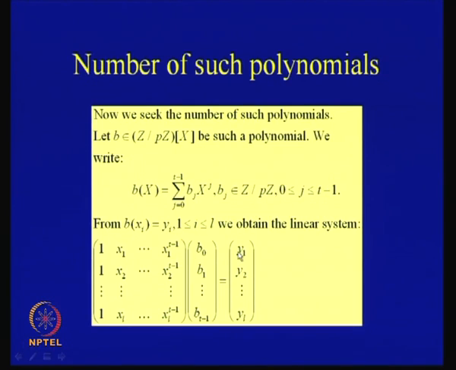If you consider the first one, that is you take b(x_1) equal to y_1, that is 1 into b_0 plus b_1 x_1 plus so on till b_(t minus 1) x_1 to the power of t minus 1, is equal to y_1, right. So all these L equations are written in the form of a matrix. Is this matrix notation clear, right?